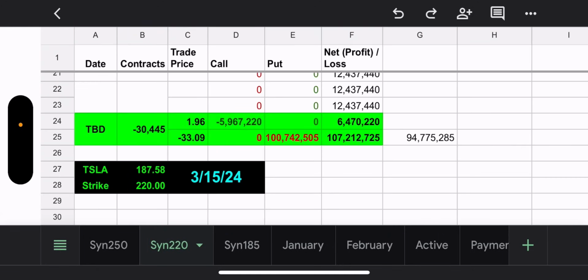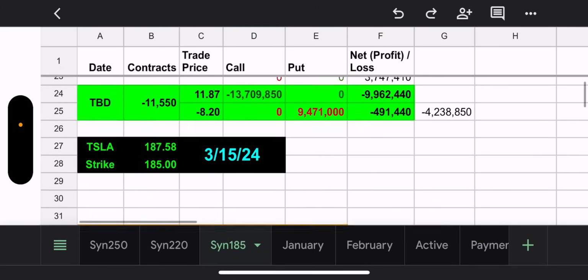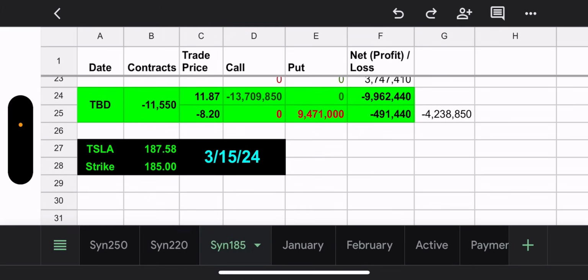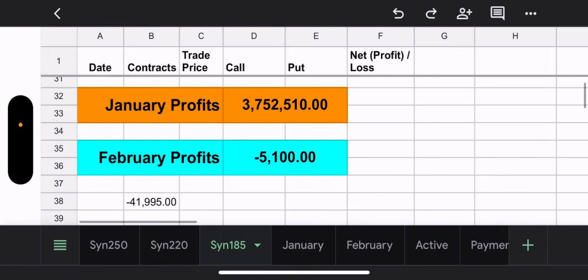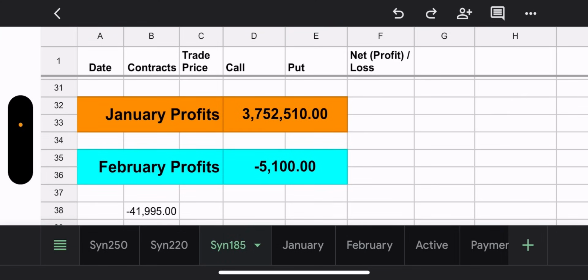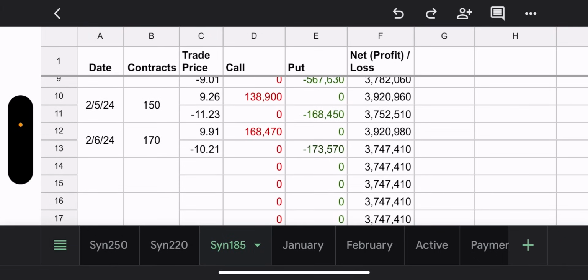So the synthetic 220s open, 30,445 contracts are sitting there, and then 11,550 contracts are sitting at the 185. Now, keep in mind, they sell calls on all of these synthetics, to whatever strike they choose. Right now, the 185 synthetic is actually worth $4.2 million if they decided to close it. February profits so far, again, 5,100, which was due to yesterday's addition to the synthetic.